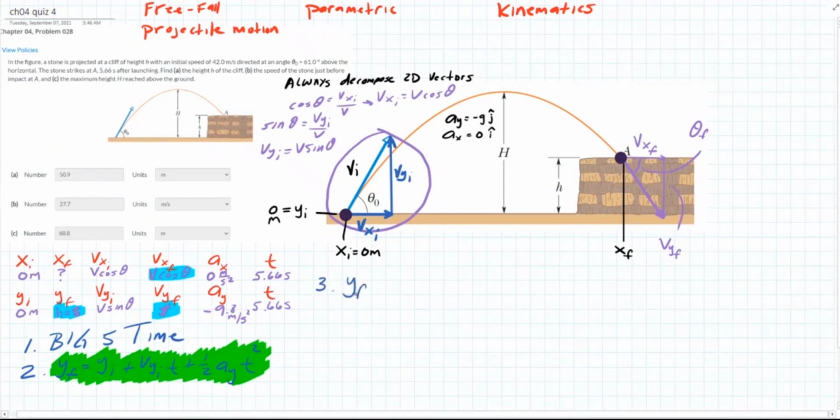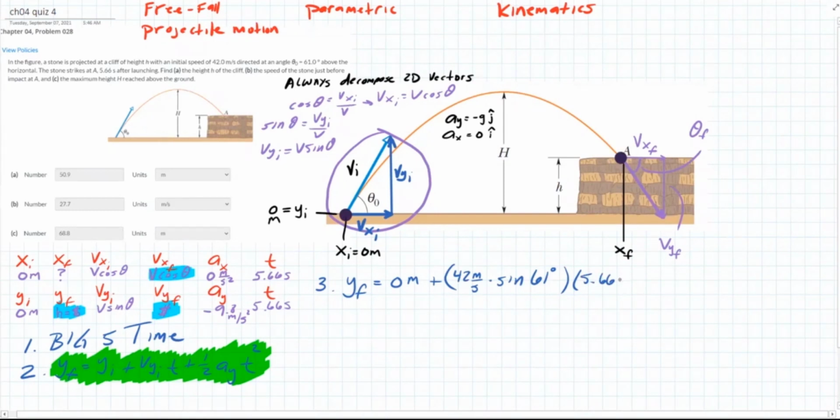Y final equals Y initial, which was 0, plus VY initial, which was V sine theta. What's V? 42 meters per second times sine of that launch angle, which was 61 degrees, times time. So that's VY, and here's time, 5.66 seconds.